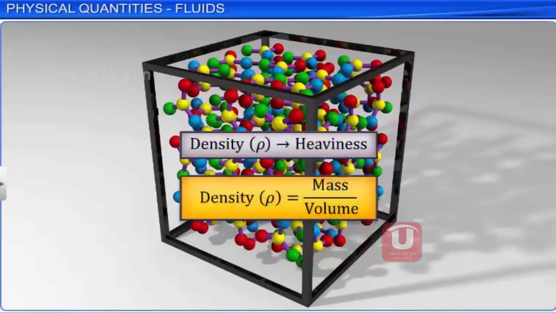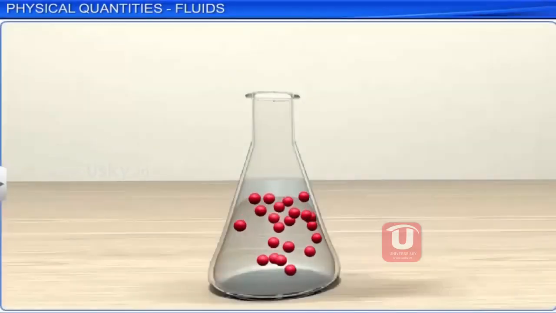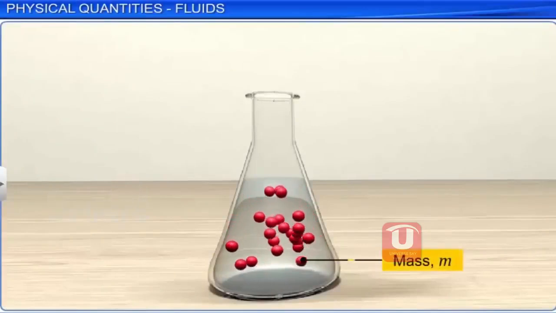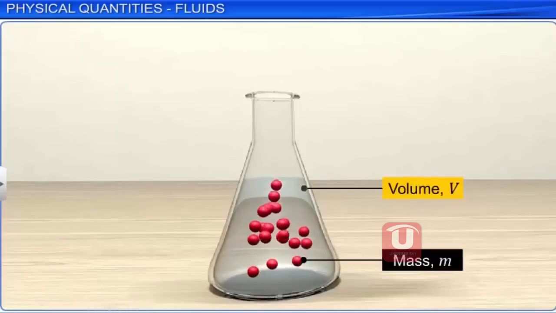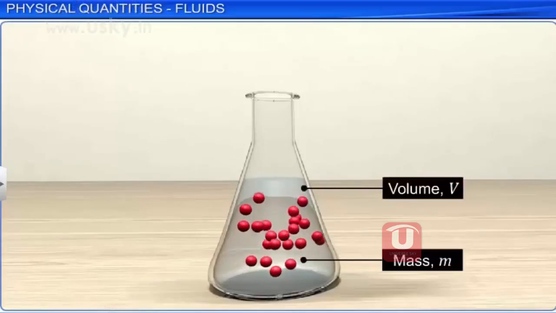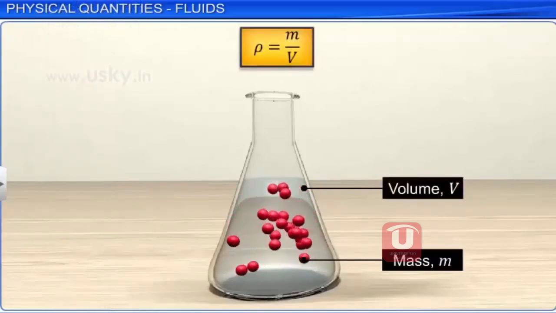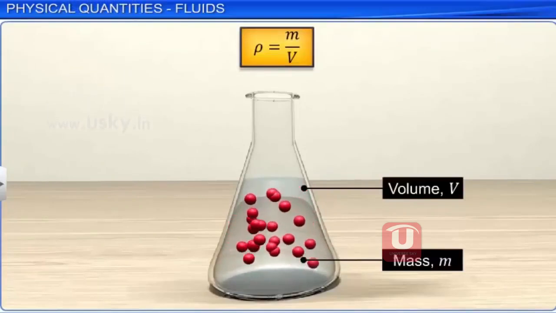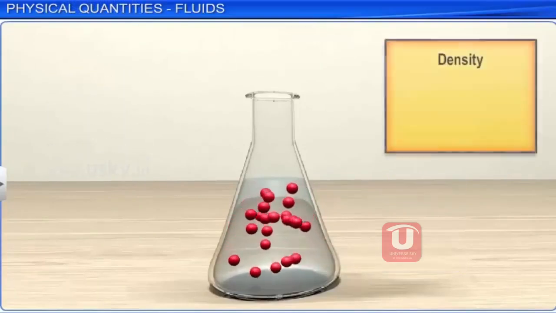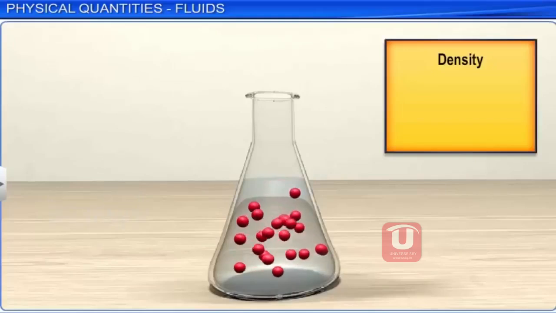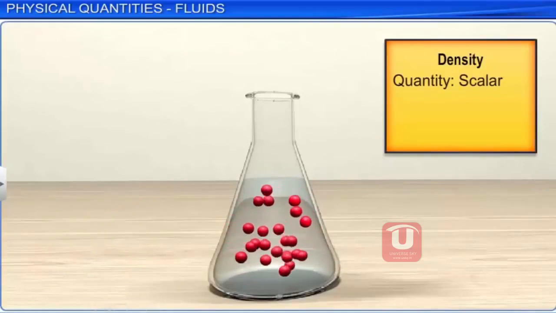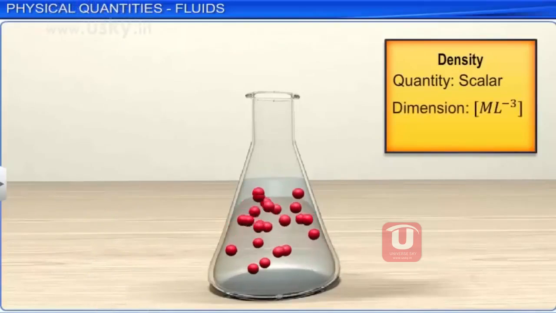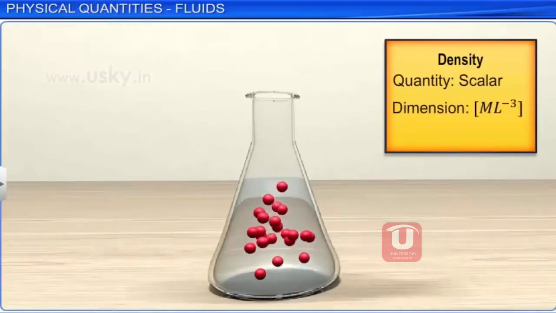Density of a fluid of mass m occupying volume V is represented as the ratio of m to V. As mass and volume both are scalars, density is scalar and its dimensions are M L power -3. In SI system, density is measured in kilograms per cubic meter.